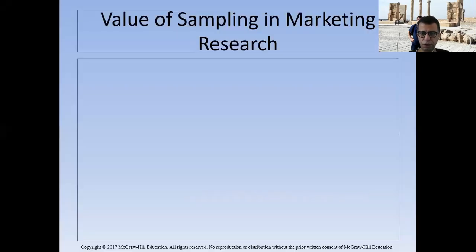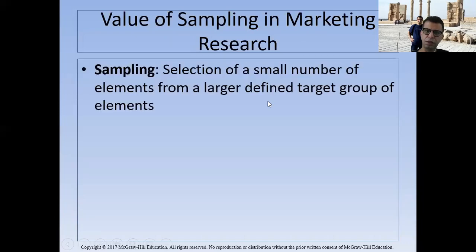Now, very quickly, the value of a sample in marketing research: it is a sampling because we cannot do the whole census. We cannot select all the population and ask them the questions.